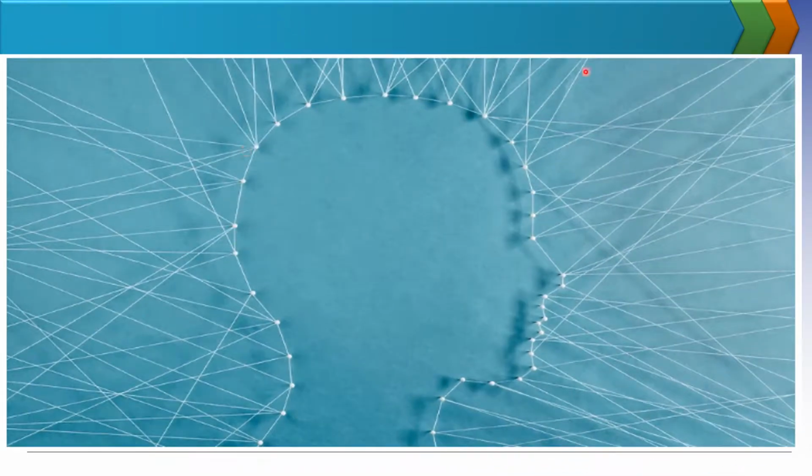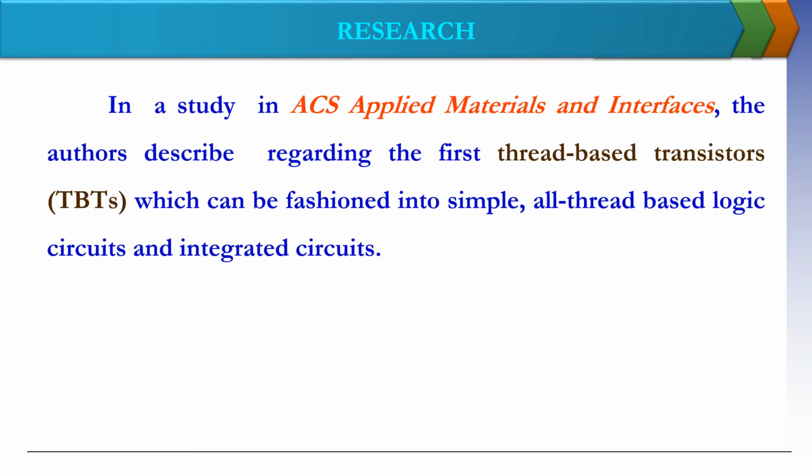And this is the way the thread based transistor is going to be activated. In a study in ACS Applied Materials and Interfaces, the authors mention the first thread based transistor can be fashioned into simple integrated logic circuits.